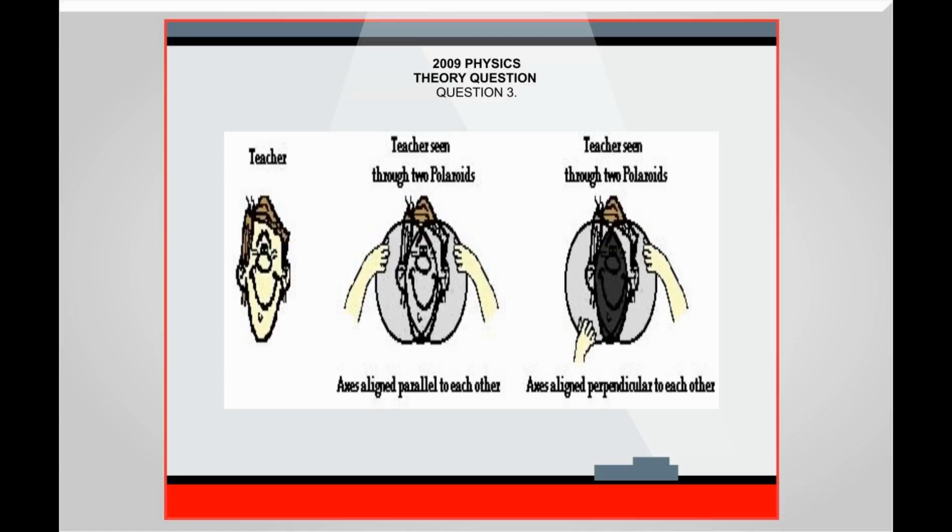If two picket fences are oriented such that the pickets are both aligned vertically, then vertical vibrations will pass through both fences. On the other hand, if the pickets of the second fence are aligned horizontally, then the vertical vibrations that pass through the first fence will be blocked by the second fence.